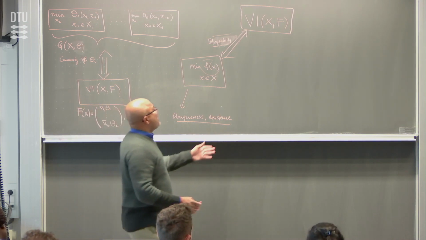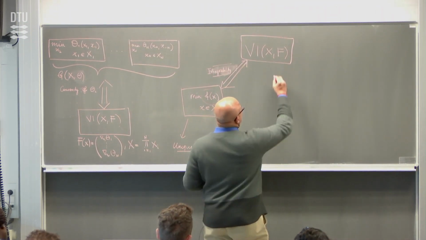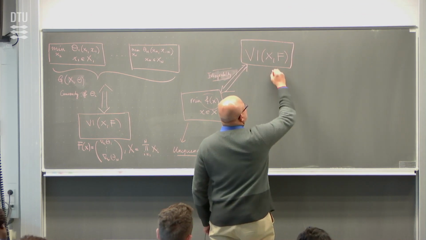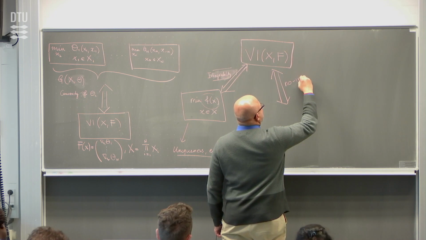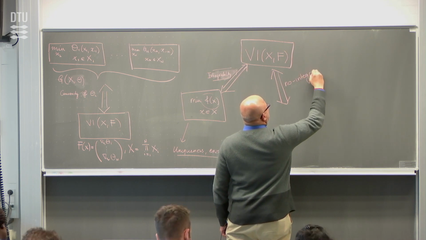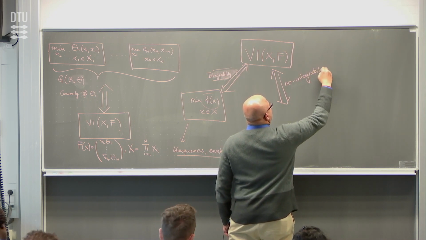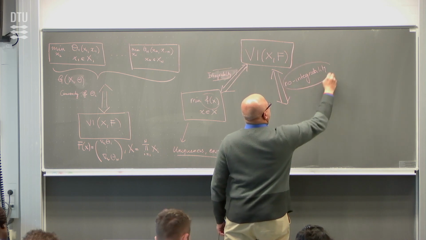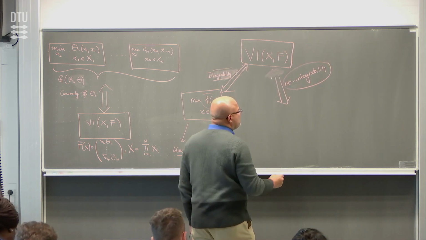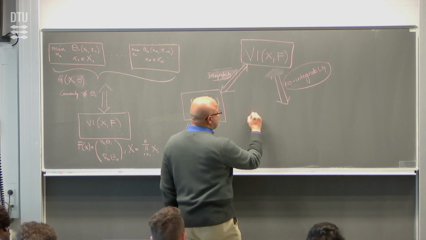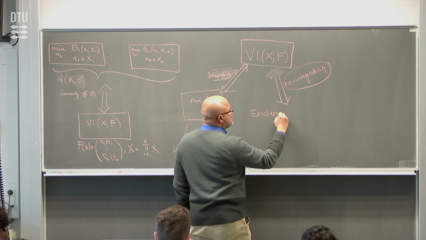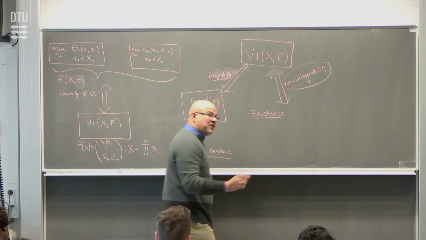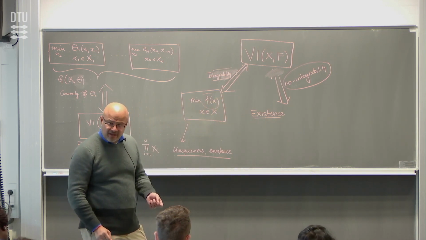Now, when I don't have integrability, no integrability, how do we show existence? The way we showed existence yesterday was we came up with sufficient conditions for solutions to the VI.